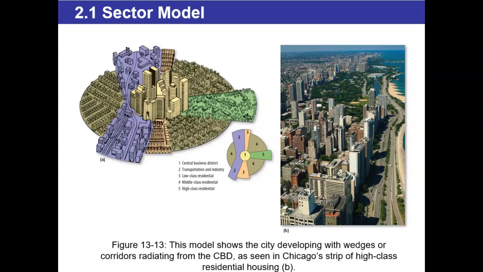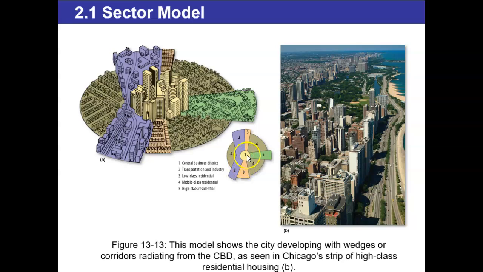Next, let's take a look at the sector model. In the sector model, we can find that on Figure 13-13, also located on the same page. This model shows the city developing with wedges or corridors radiating from the CBD. We can see this demonstrated in Chicago's strip of high-class residential housing. You can look at the key to indicate the different zones or sectors of this model.